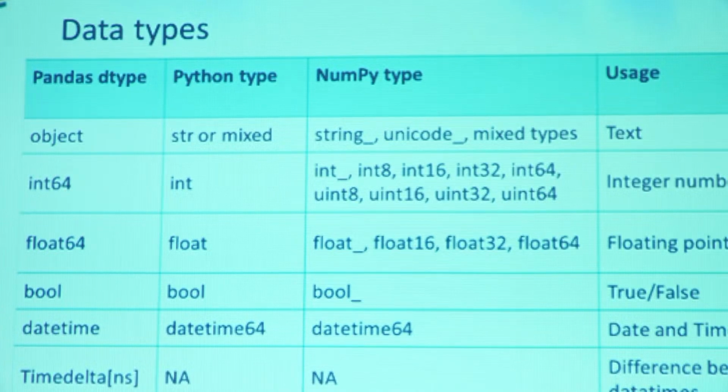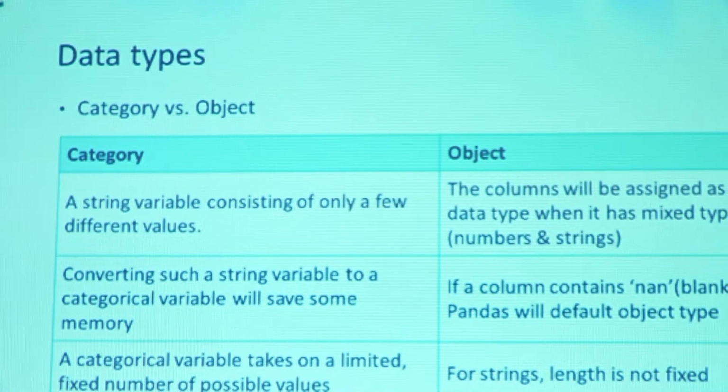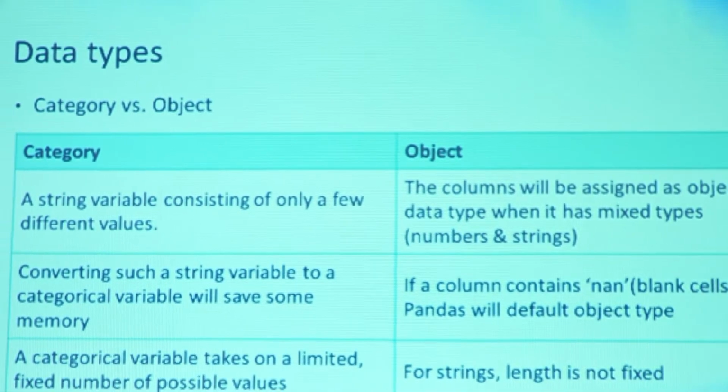Okay? Now, this is the difference between category and object for you. Category is a string variable consisting of only a few different values, whereas a column will be assigned an object if it is a mixed data type. It can have numbers as well as strings. So got the difference between these two? Converting a string variable to a categorical variable will save memory for you.